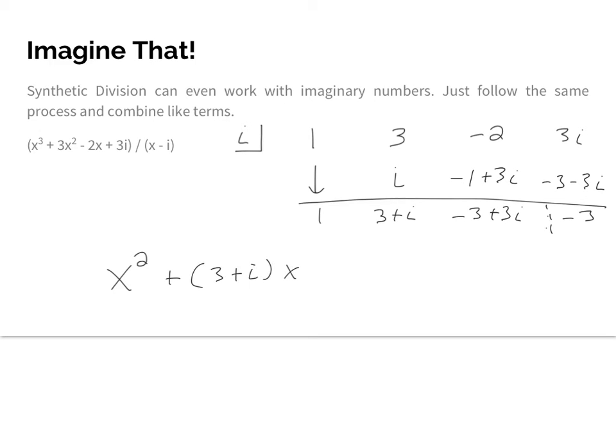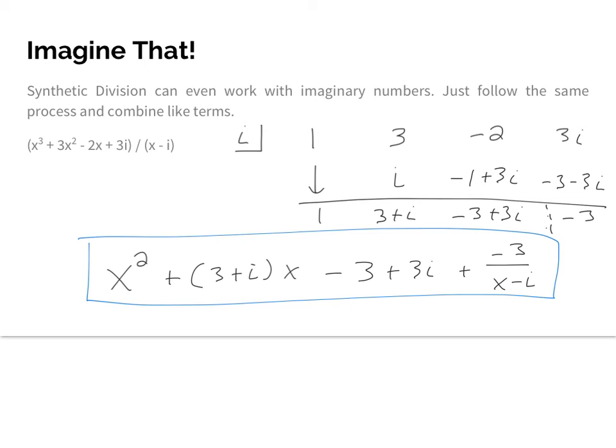And then I'm going to attach the end as my constant, and it's actually a constant in two parts. -3 plus 3i. And then at the very end, I just need to include my remainder. So I'm going to say plus -3 over x minus i. And there we are. So we won't be doing a lot with this in class, but I just wanted you to see that it actually does work.